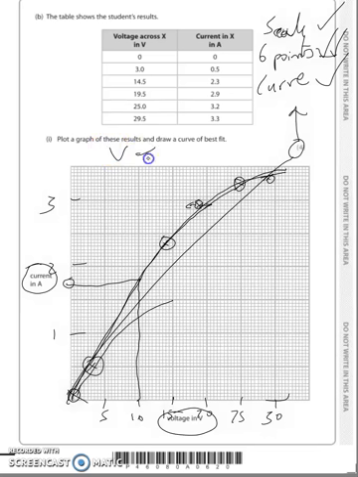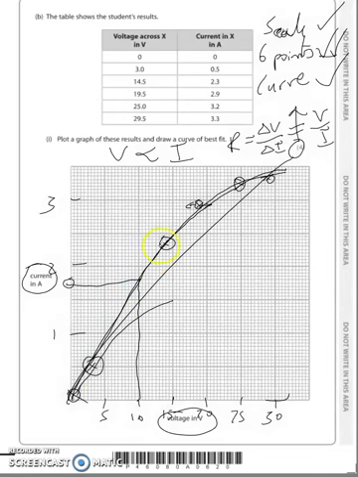If it was a gradient, you would say the resistance is change in V over change in I. It's not that. It equals V over I. Whenever you take a point along that straight line, V over I is the same number each time. It's nothing to do with the gradient. It just happens to be the same when they're proportional to each other.